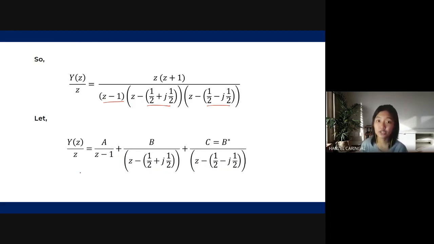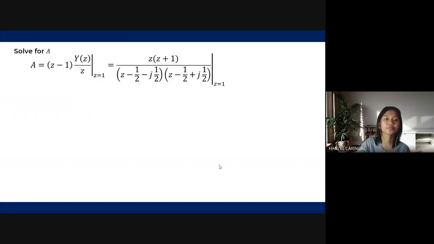Then, in partial fraction, we assign letters for the unknown variables: A, B, and C. Notice that C is labeled B asterisk. This denotes that C is just equal to the conjugate of B. We just change the sign of the imaginary part, since the imaginary parts are plus j and negative j.